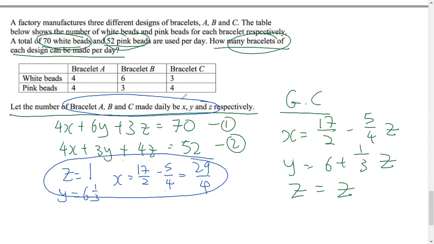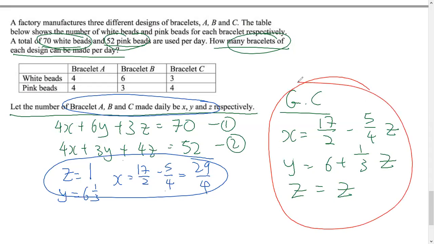So we have to use a bit of logic or observation to analyze this equation. The problem here is whatever I use for Z, it should create integer values for X and Y. Just look at Y itself first.